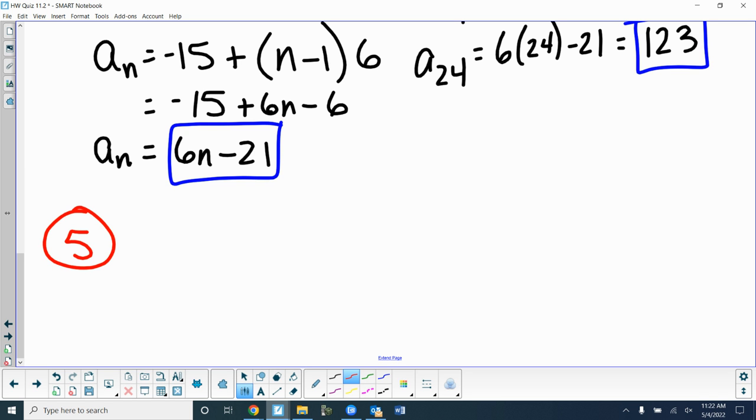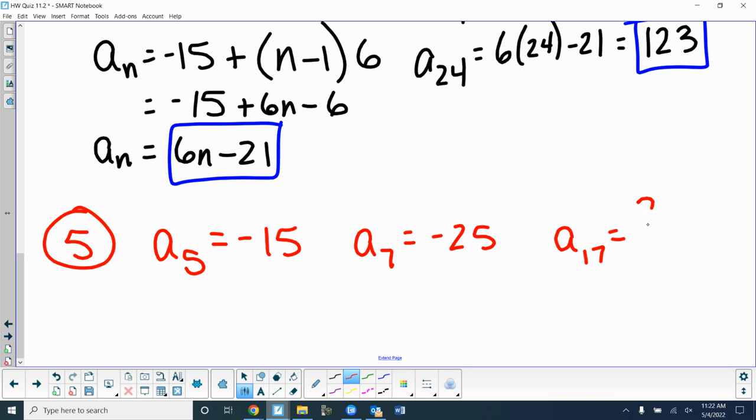I give you the 5th term, so A5 was negative 15, and A7 was negative 25, and we're looking for A17, right?